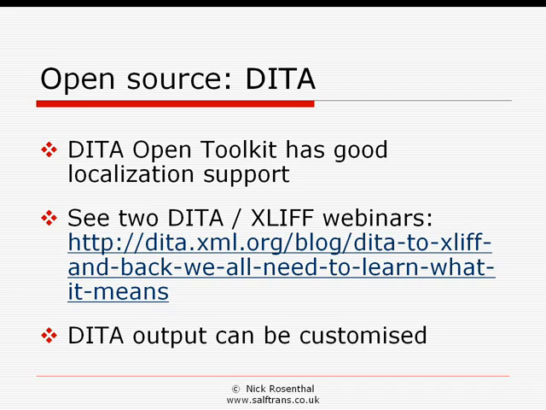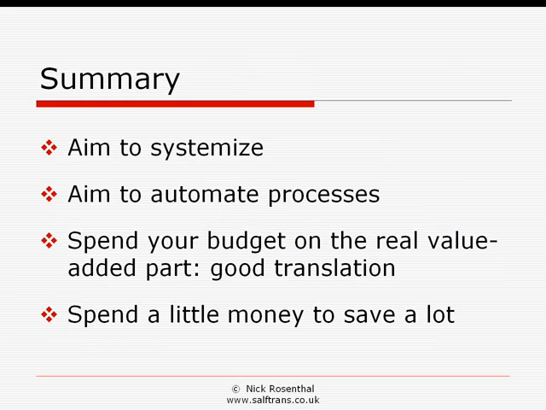Out of the box, the output from the Open Toolkit is not massively exciting, but it is eminently customizable, as with any XML workflow. So that offers a possibility for people as well.